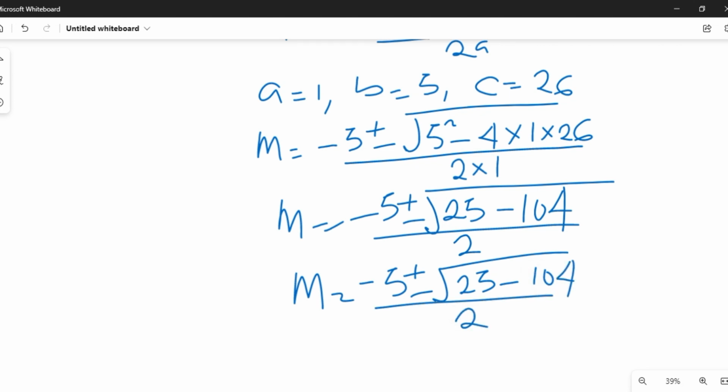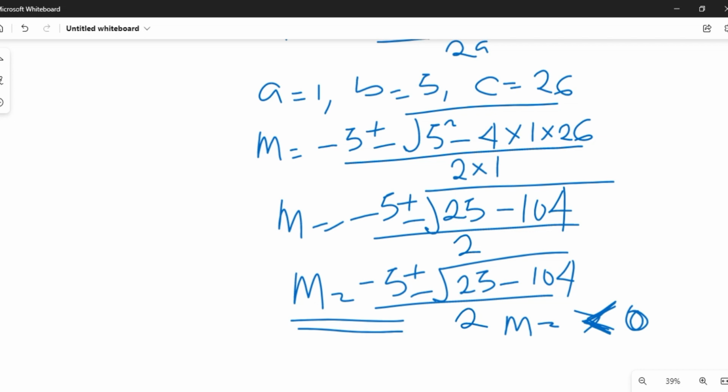Now come to think about this, 25 minus 104 will give us a negative value. So the value under the square root would definitely be less than 0. That means the solution that will come from this quadratic formula is going to give us a non-real value.